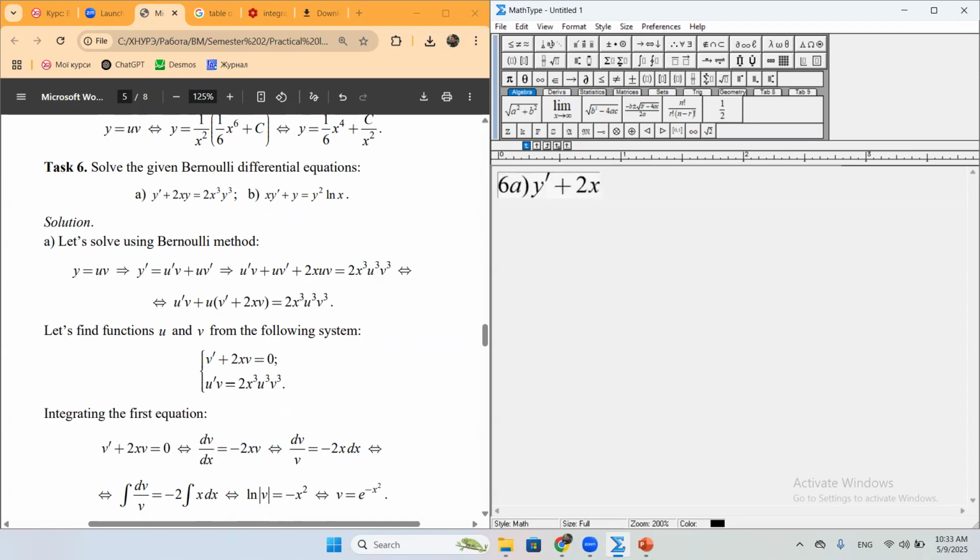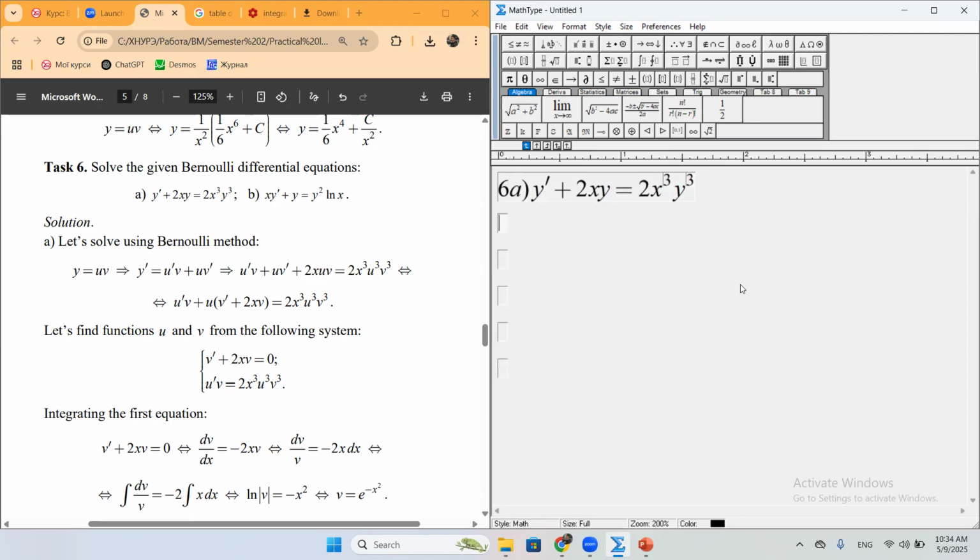It is quite similar to a linear equation, but it also contains y. So we have y prime in power of 1, y in power of 1, and one more component where y can have any power.